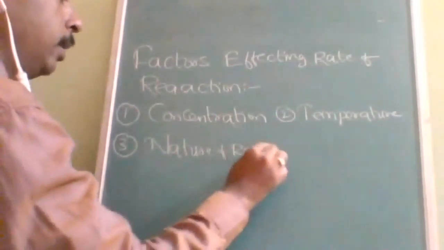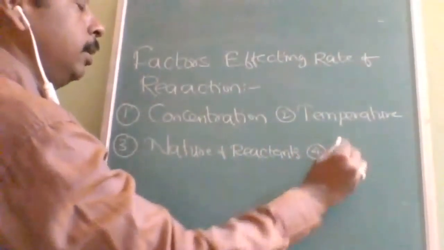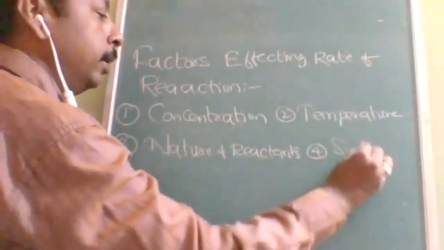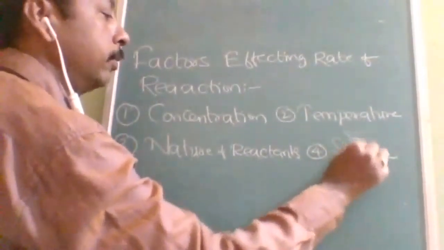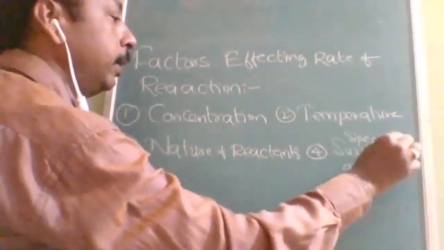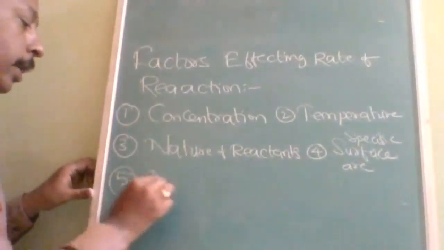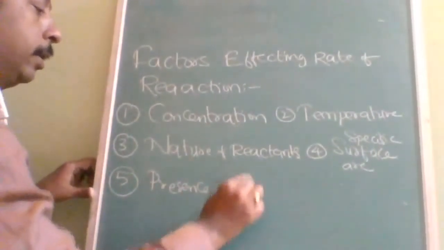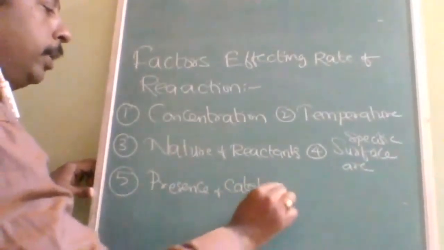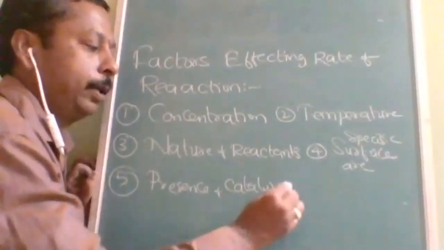The fourth one is surface area, or sometimes it is called specific surface area. The next one is presence of catalyst. In many books they will give many things, but don't worry about this.